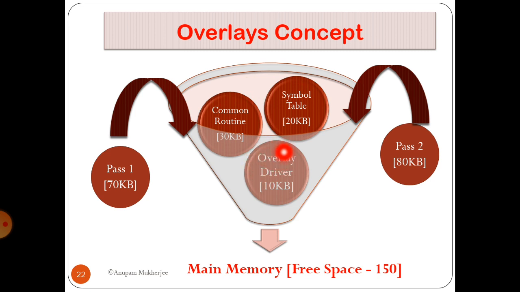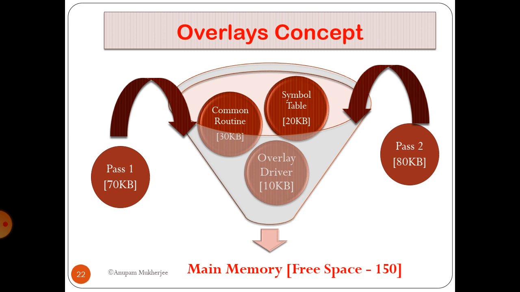The overlay driver is mainly used for context switching, that is, switching between two different processes. The idea of overlays is to keep in memory only those instructions and data that are needed at any given time. When other instructions are needed, they are loaded into the space occupied by previous instructions. This is the major concept of overlays.